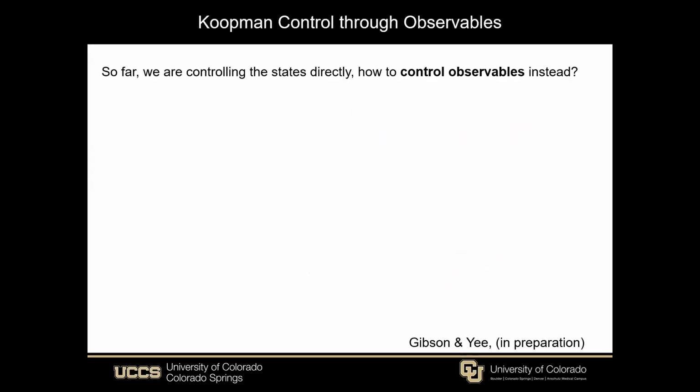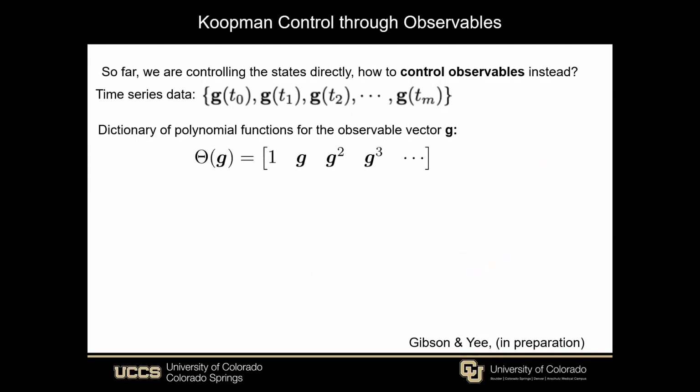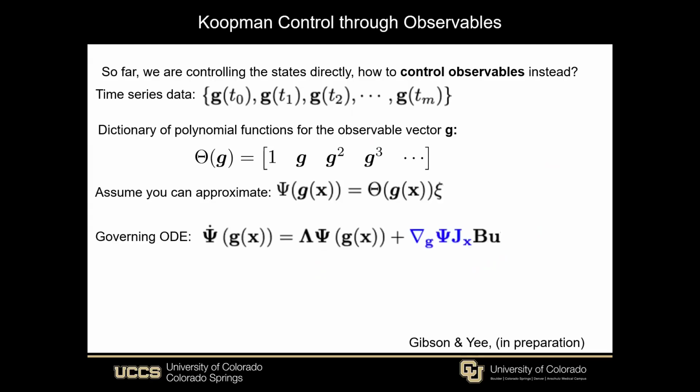Because I said we need to control through observables ultimately for us. And so we do the same, but we control with observables. So you have G, with your control with observable. You have things that you measure, not the state necessarily. I call it G. And so same thing, you go through your dictionary, and then that's one thing I assume, now tell me if it's wrong, but tell me later, that somehow you can find Koopman functions that can be written in close approximation in terms of G of X. And so then same thing.